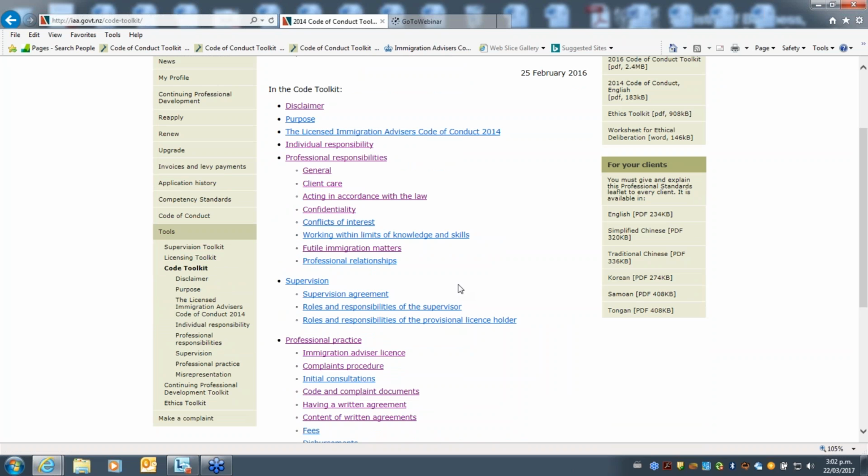So we're going to talk through this toolkit, and I just wanted to start by talking a little bit about the purpose of the code. I think it's very easy, and you might notice this as we go through today, to focus on the details of each particular clause of the code. What I wanted to start off by thinking about was the overall importance of the code. Why do we have a code, and what's it there to achieve?